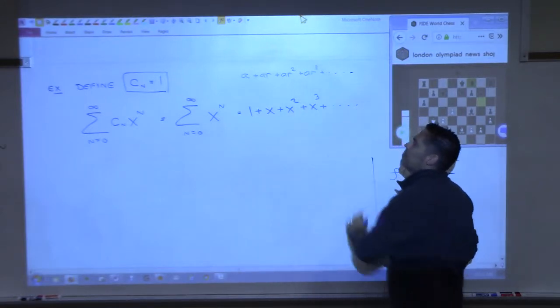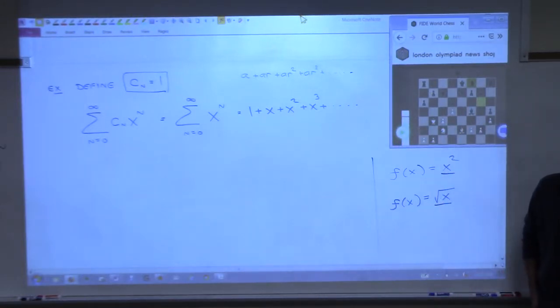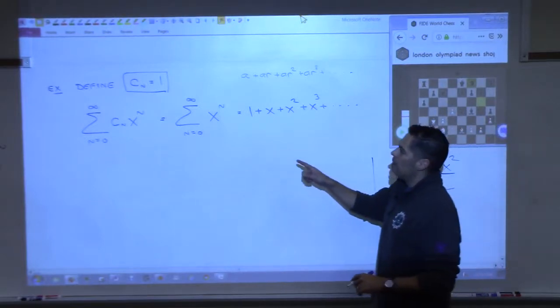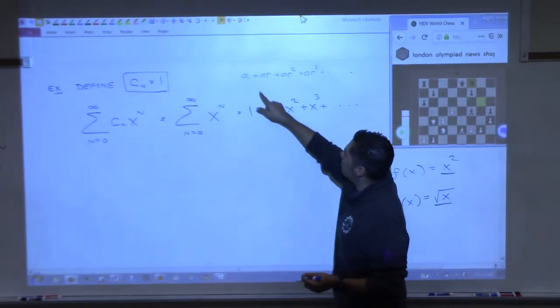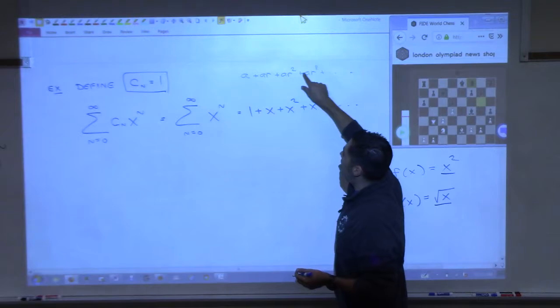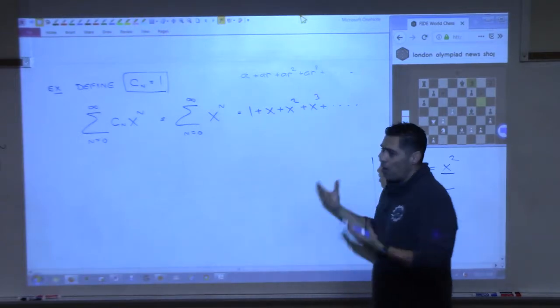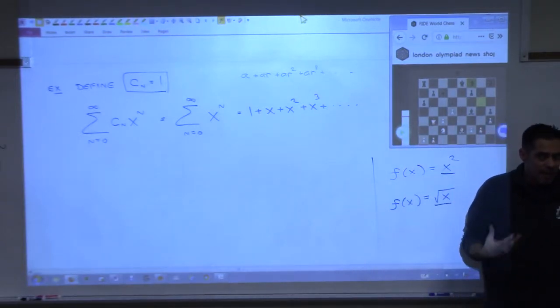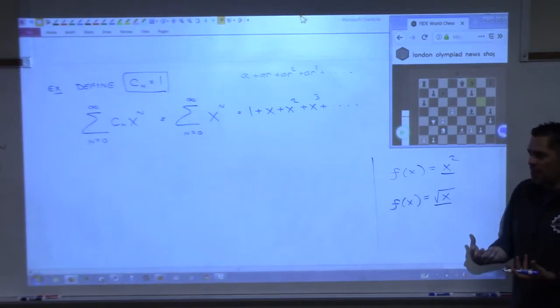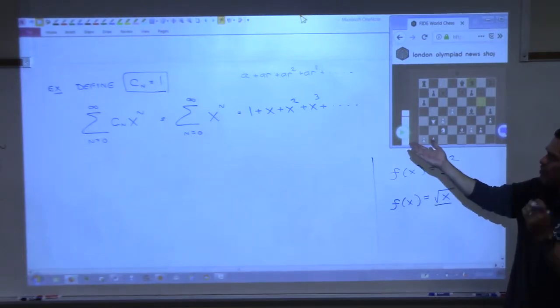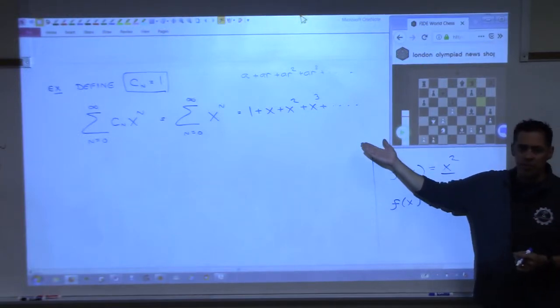It's a geometric series, isn't it? That's right. So look, A here for us is 1, and then R for us is x. Do y'all see that? So this right here is geometric. Does this converge?